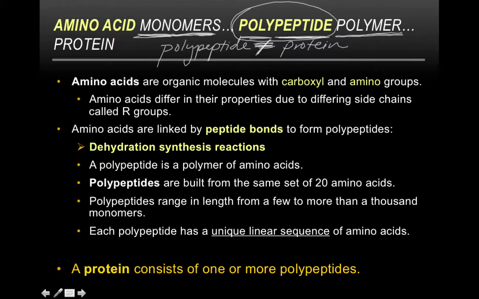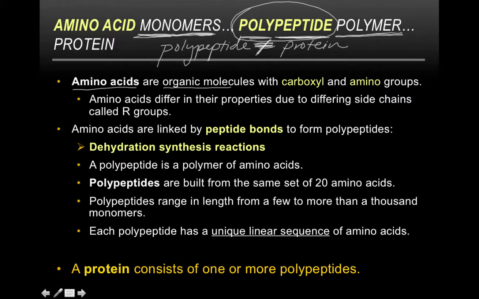More about the monomers. Amino acids, as we mentioned, are the monomers that are used to build all proteins. Amino acids are small organic molecules, so they are built by organisms and they are built around a carbon skeleton. And every amino acid has a central carbon that is attached to 3 chemical groups.